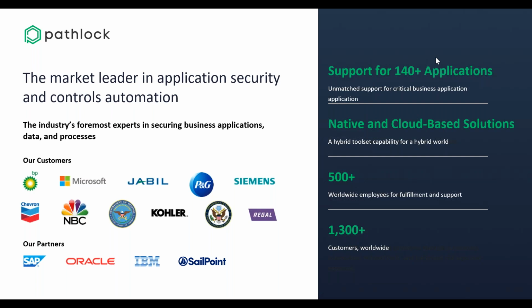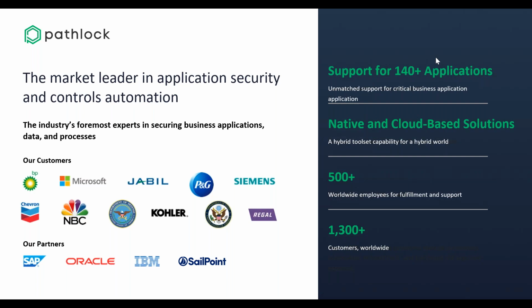But from a high level, what PathLock is doing is automating these controls and helping out with application security across your application stack. We deal with a lot of high-level partners and customers, from the Fortune 500 all the way down to the 2000 level, everything from global enterprises to even your SMBs, predominantly in the ERP space and those critical business applications.